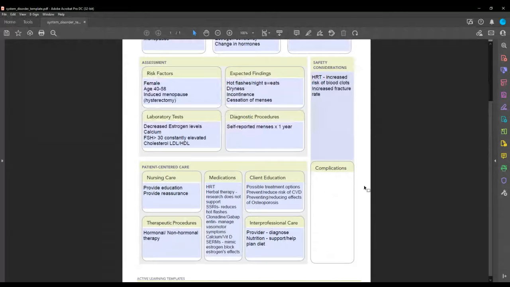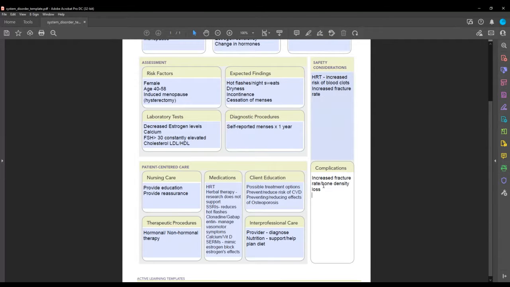What is the result of having decreased estrogen levels, decreased hormone levels in the body? Osteoporosis, so I'll just put increased fracture risk.